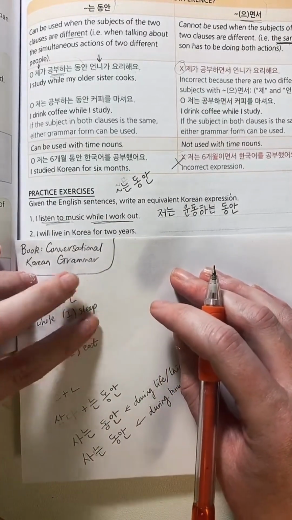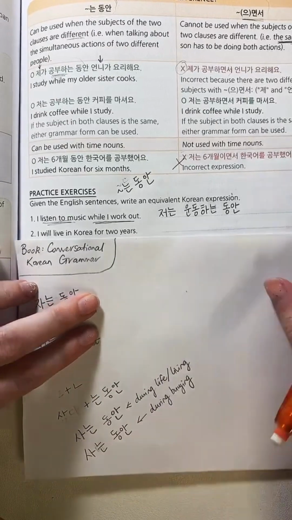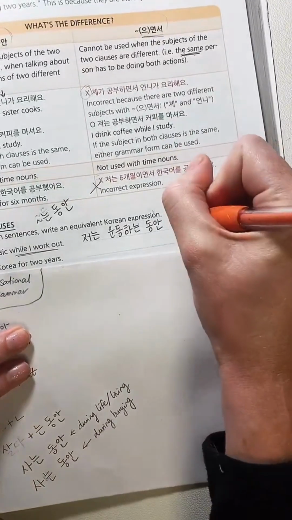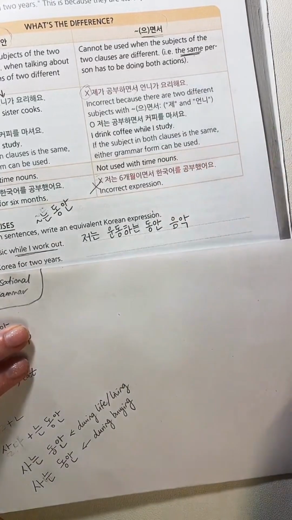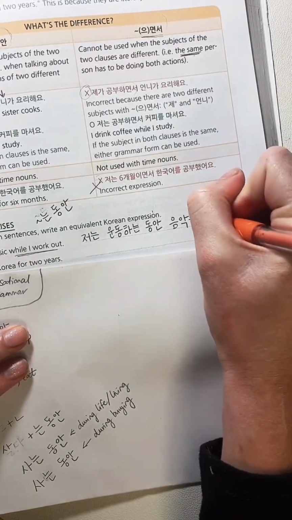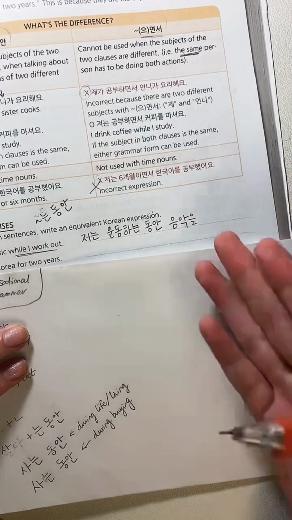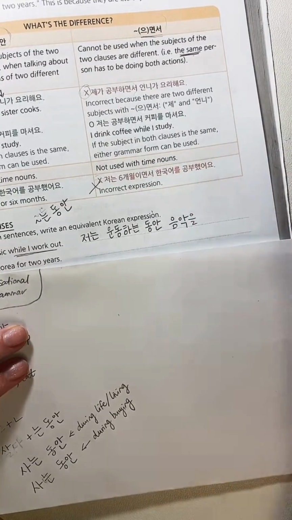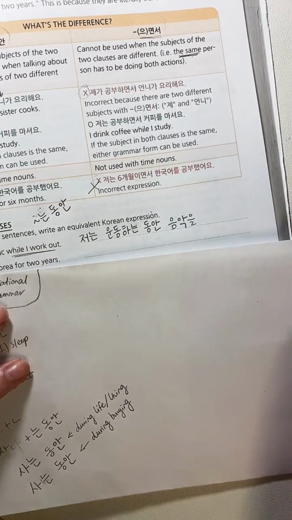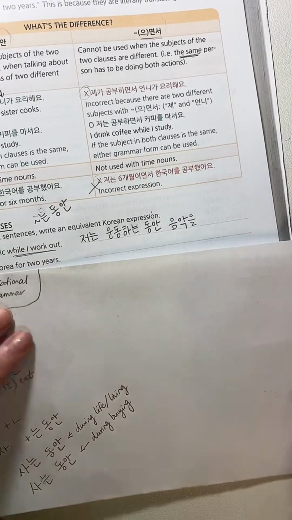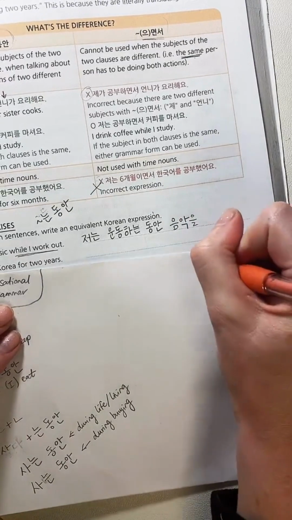Music. 음악, yeah, beautiful. 음악. 음악을. So we're doing an action, right? We're doing the action of listening. So I'm using the object particle. And then to listen to is the verb 듣다.